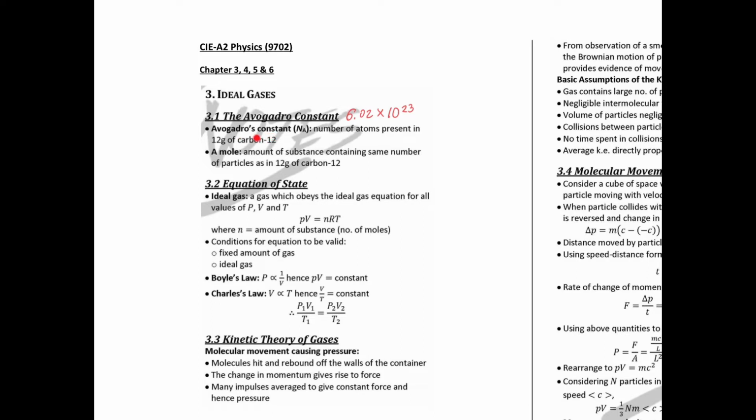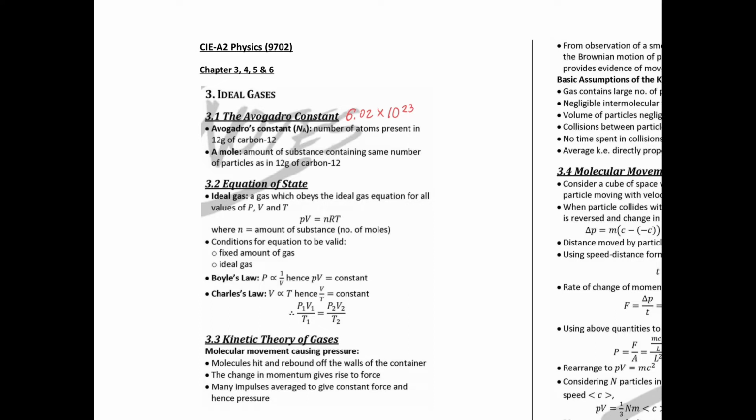So 1 mole of carbon 12 contains this amount of atoms. Okay, so that's why 1 mole is introduced here. A mole is the amount of substance containing the same number of particles as in 12 grams of carbon 12. So chemistry. So let's move on.